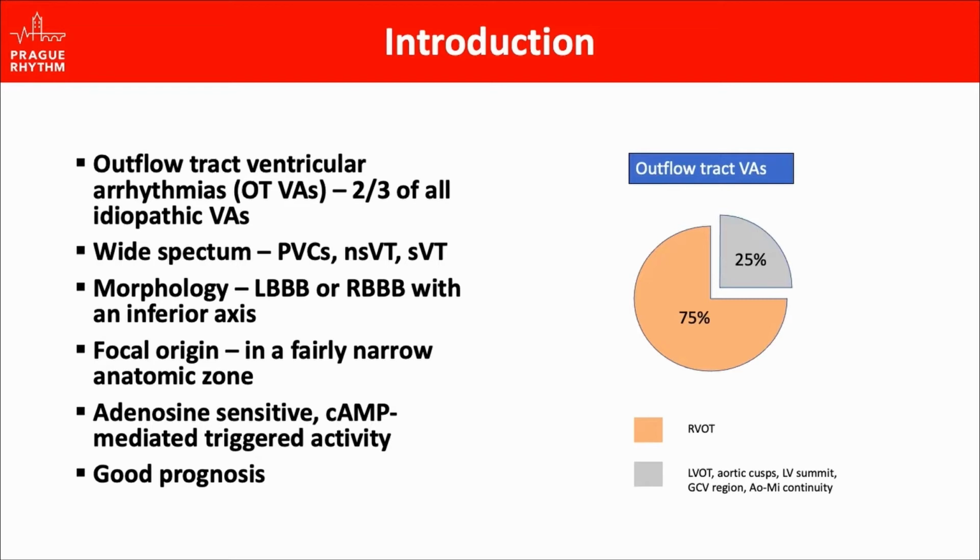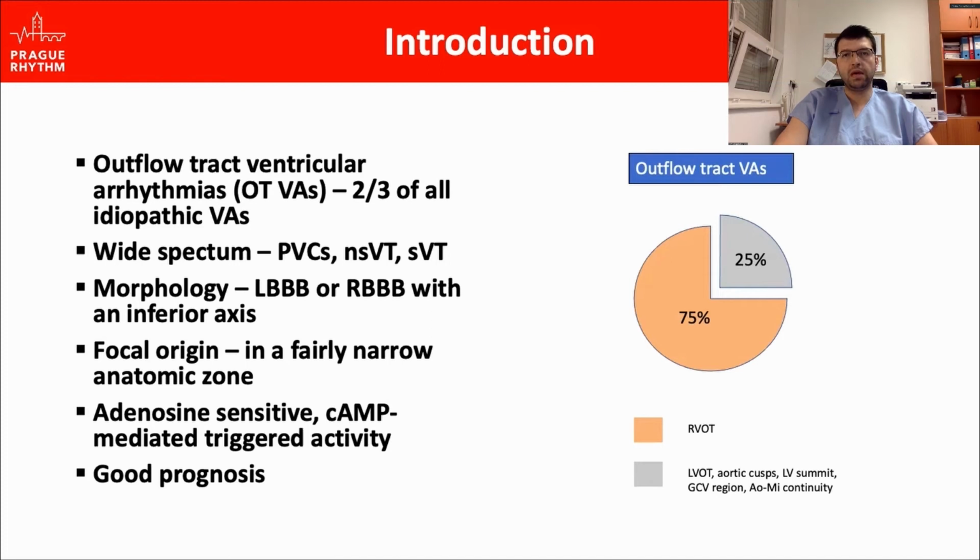Outflow tract arrhythmias represent a wide spectrum of tachycardias ranging from PVCs to sustained VTs, and they usually exhibit LBBB or RBBB morphology on ECG with an inferior axis. Most idiopathic outflow tract arrhythmias have a focal origin. And despite the different sites, they have a common arrhythmogenic mechanism, which is adenosine-sensitive cAMP-mediated triggered activity.